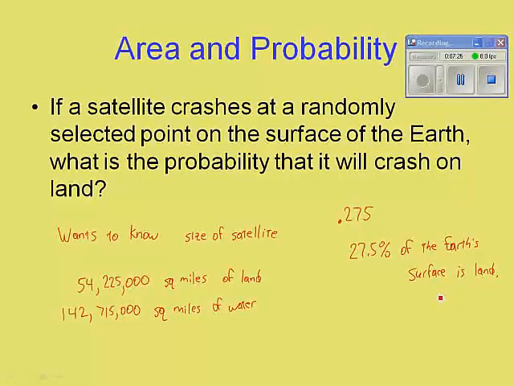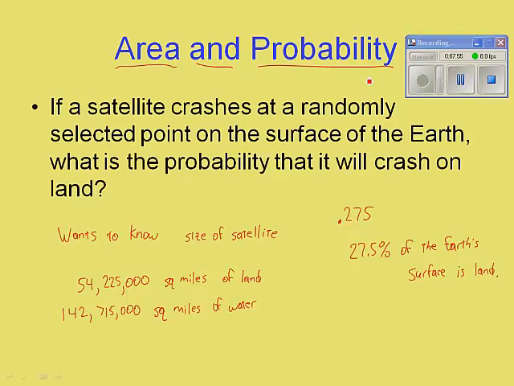But here's the interesting thing that Emily's saying. She's saying that if you want to compute the probabilities, all you really have to do is compute the areas. There's this correlation. Right? And you notice what's the title of this slide? Area and probability. Areas can give us probabilities in certain situations.